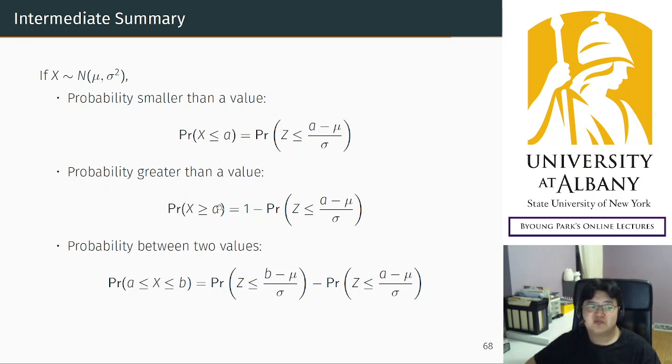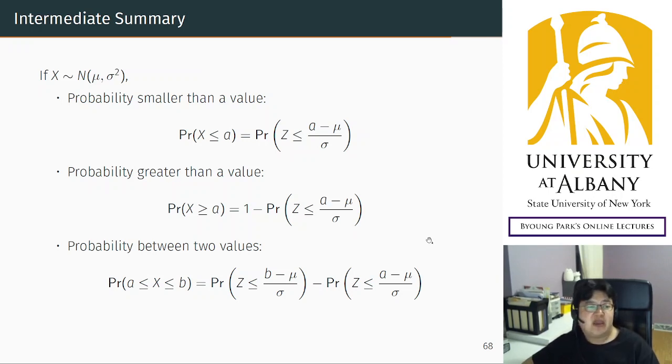If you are interested in probability greater than A, then you will be transforming this probability like this: 1 minus cumulative probability, and then probability between A and B can be written as a cumulative probability minus another cumulative probability. So like these, the three types of probabilities all can be transformed and converted into cumulative probabilities.